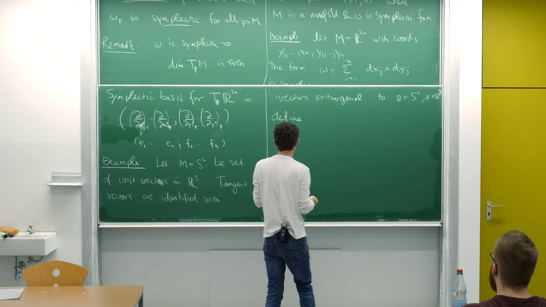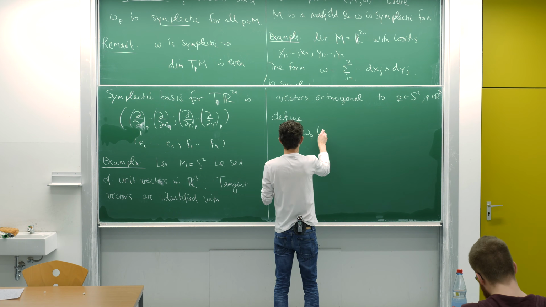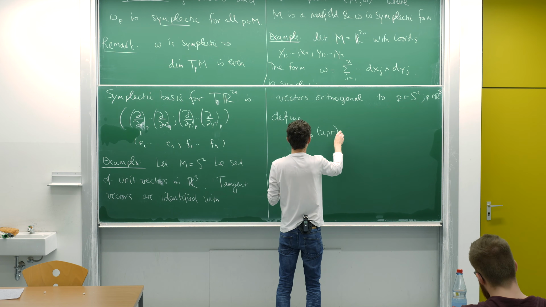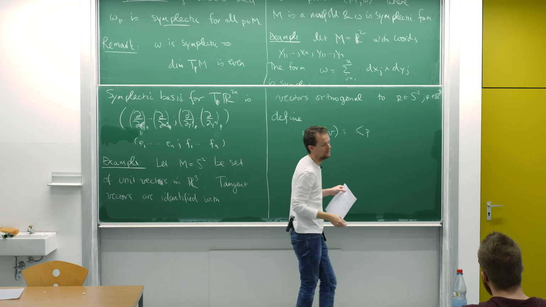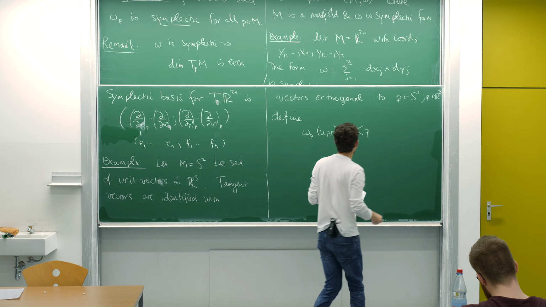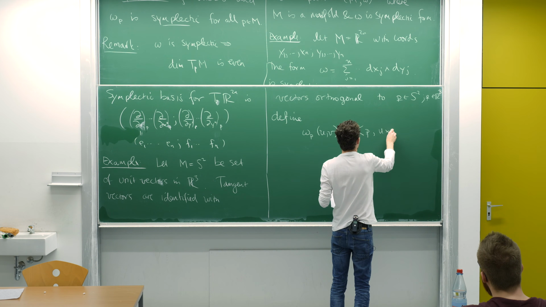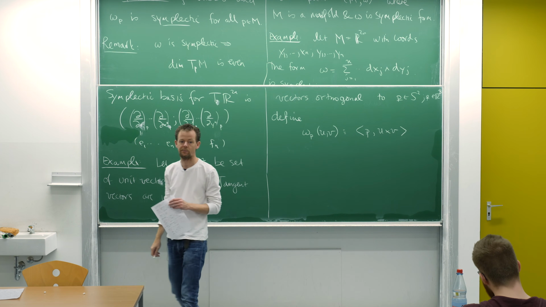There's only one possibility. So omega p on 2 tangent vectors, u and v, is going to be defined to be the R3 inner product between the vector p defining the point on the sphere and u cross v. Standard vector cross product like that.